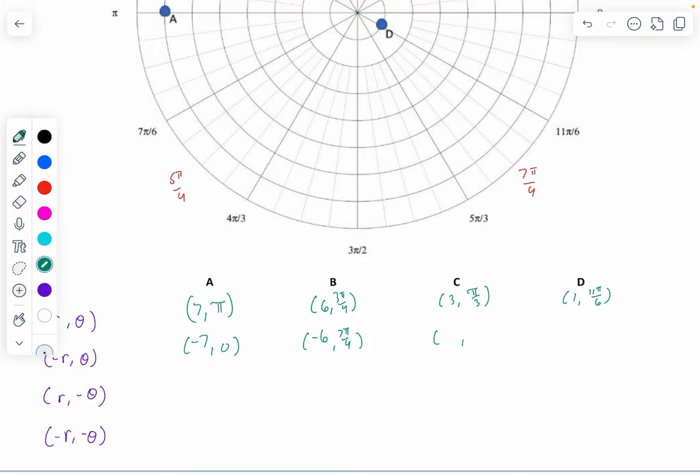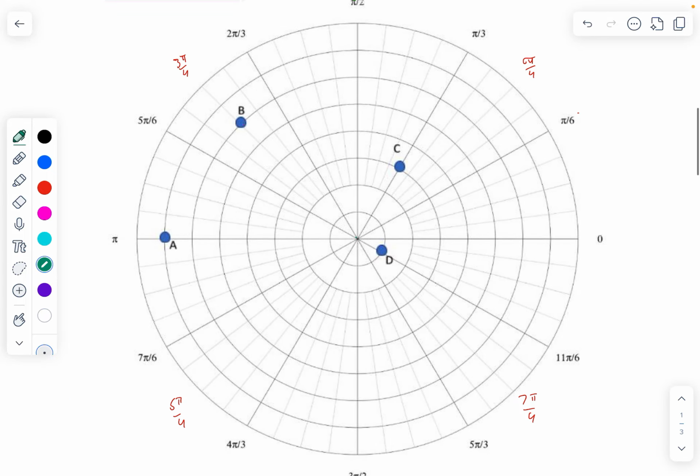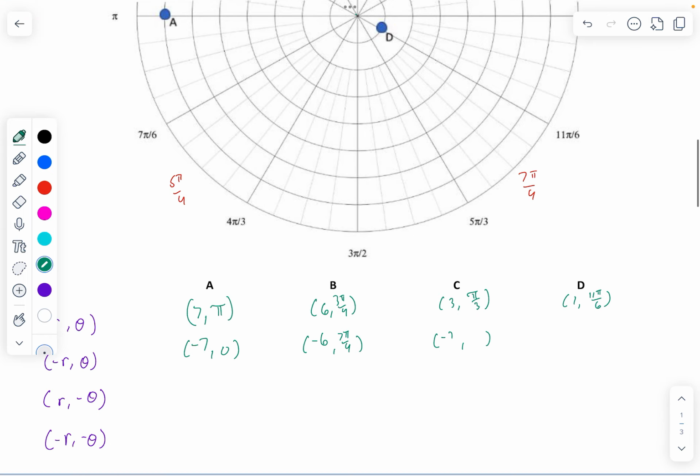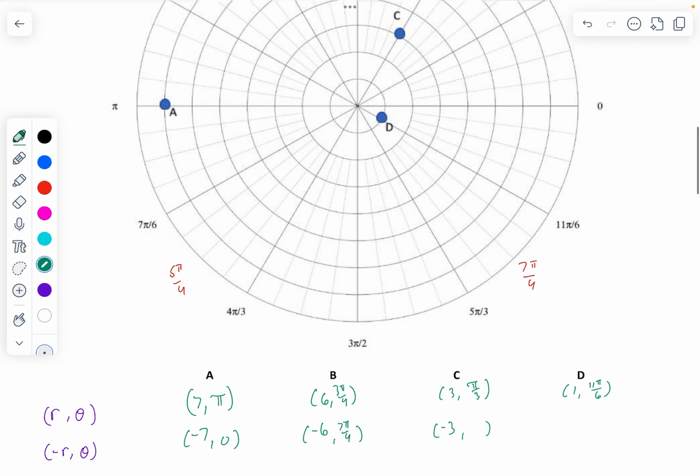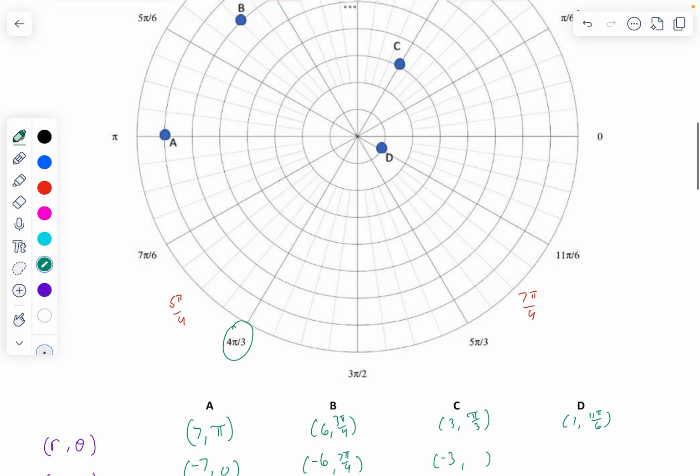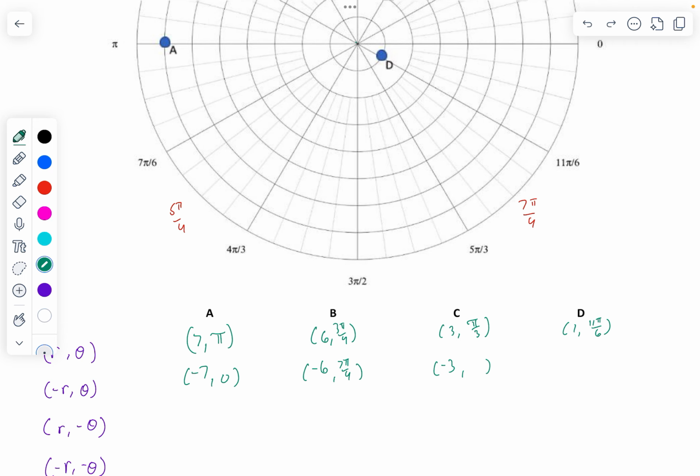All right, so let's look at C. Again, I'm 3 away, so that's going to be negative 3. And what am I moving opposite of? I'm moving opposite of 4 pi over 3. Again, 1, 2, 3, and I'm moving the opposite of that. So that's why R is negative. When R is negative, you're just moving in the opposite direction.